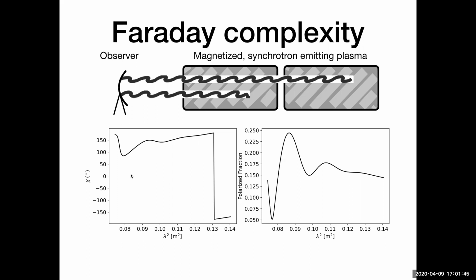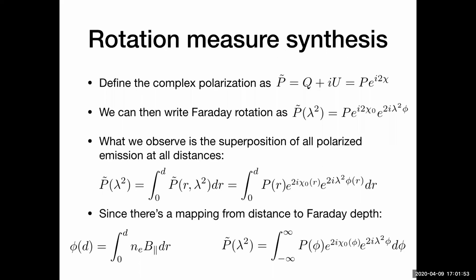There are a couple of different algorithms that can be used to try to extract this kind of information. One of the most common ones these days is rotation measure synthesis. And in view of the time, I'm not going to go through the full discussion about this, but the short answer is we can basically exploit the mathematical structure of how Faraday rotation looks, and we can take the polarization that we measure as a function of frequency or as a function of wavelength squared.